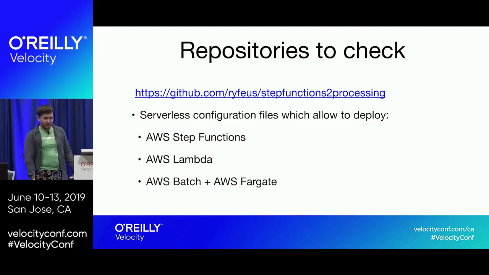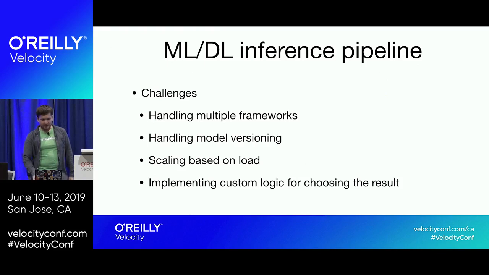Same repository, I will show a demo later of how to work with it. And finally, the machine learning and deep learning inference pipeline. Usually, the challenge here is that, for example, you have a feature extractor in PyTorch, and you have the model itself in TensorFlow, or usually vice versa.